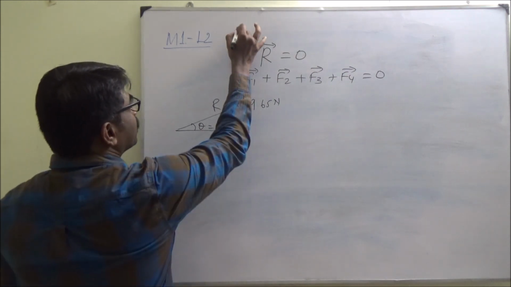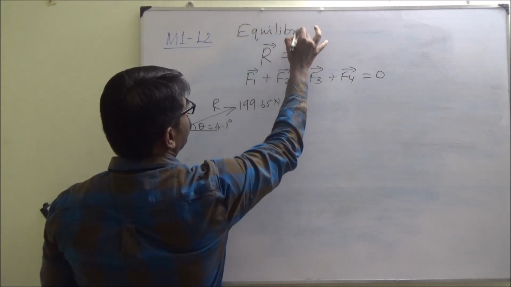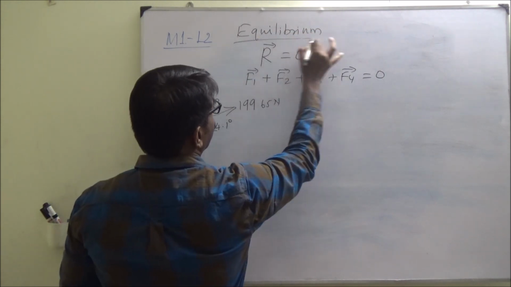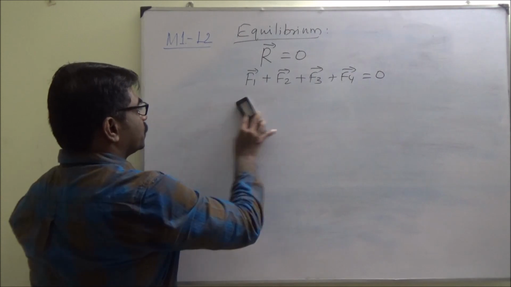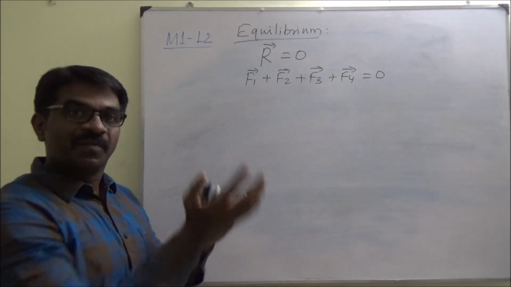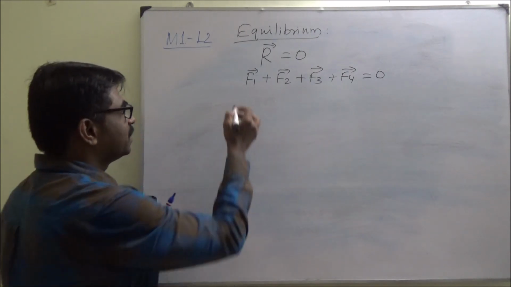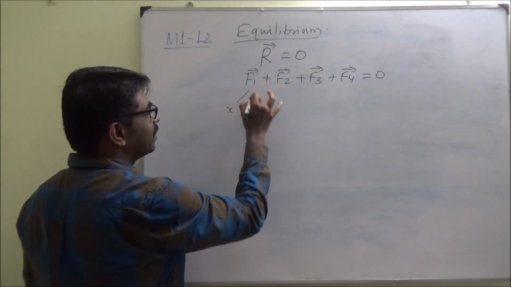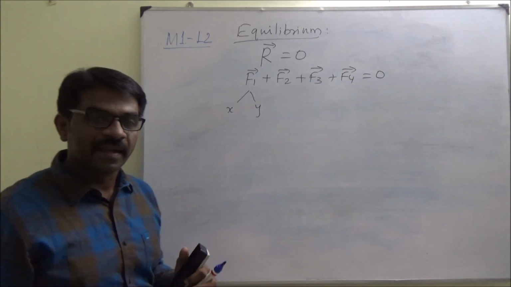Okay. Right? So each force, what we did there, each force will have 2 components. It will have x and y, it will have x and y, it will have x and y, it will have x and y. Okay?